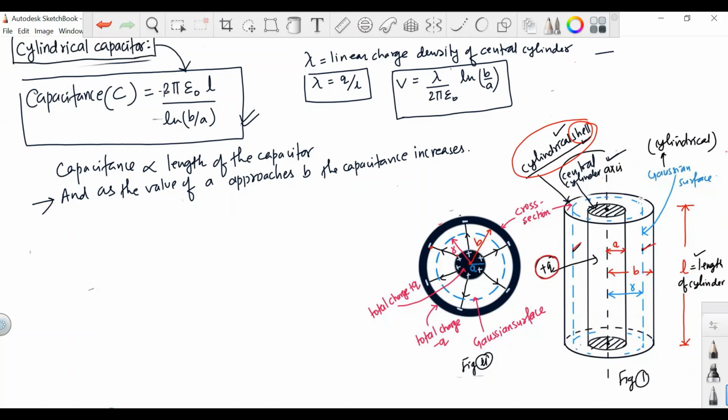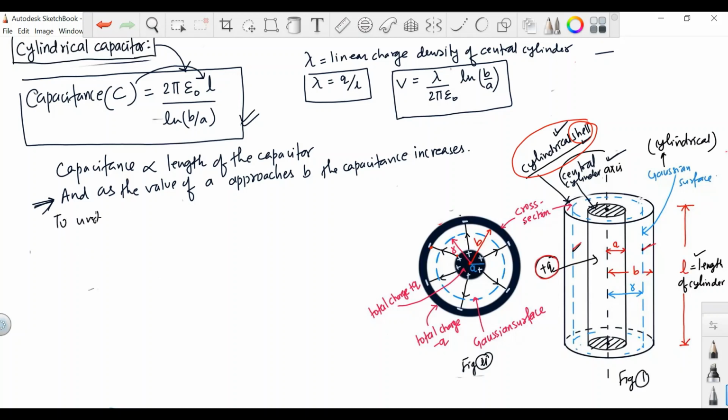So we can see capacitance is depending on length directly. And as I just said, as the value of A, that is radius of central cylinder, approaches or is very close to the radius, that is inner radius of the cylindrical cell, then the capacitance increases.